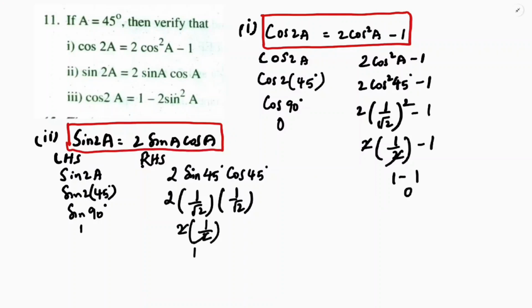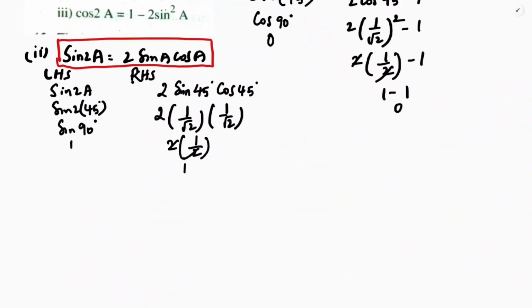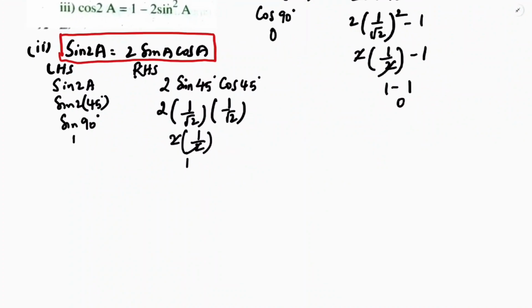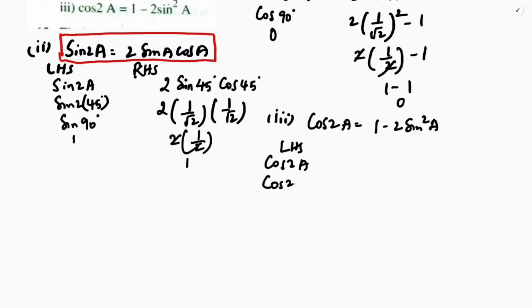Next, the last one in this section. Here cos 2a equals 1 minus 2 sin square a. If you take LHS, cos 2 times 45, you already did it, you can use that value, cos 90, which is nothing but 0.